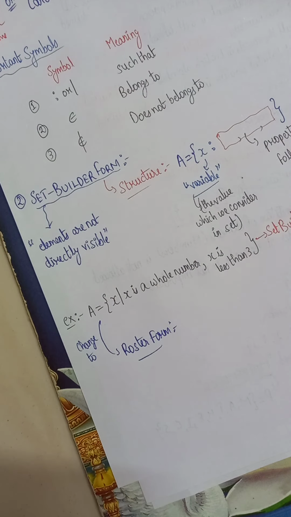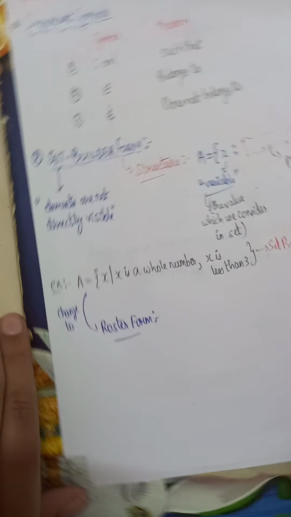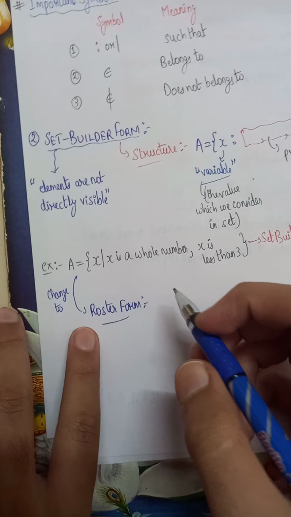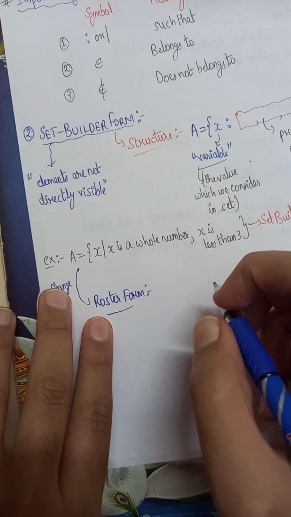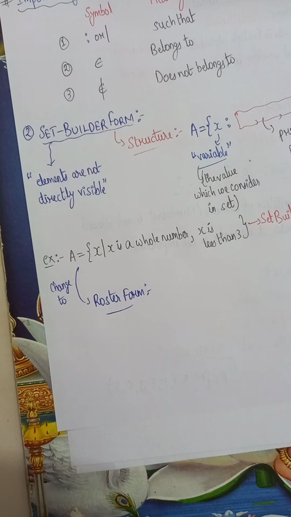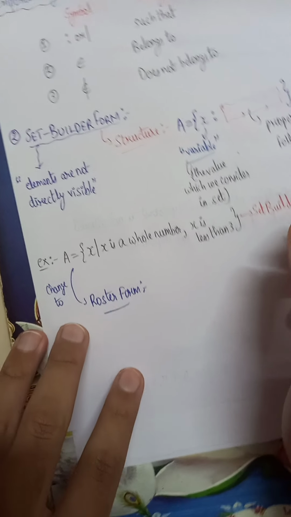To convert it into roster form, first we check that X is a whole number and X is less than 3. X is a whole number means 0, 1, 2, 3, 4 and so on up to infinity.